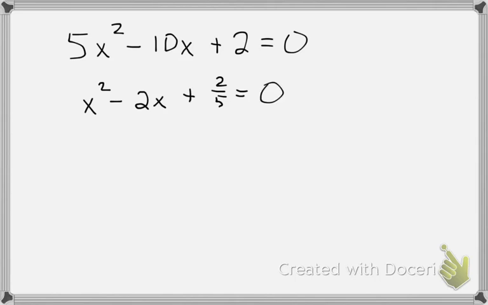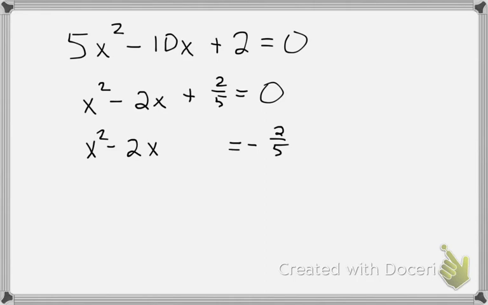Then what do we do? Exile the constant. So you got x squared minus 2x equals negative 2/5. Right? Remember those forms we were doing last time where we had the x squared plus n times x, and we were doing the completing the square just on those forms?